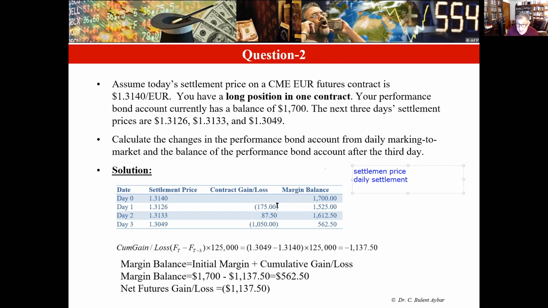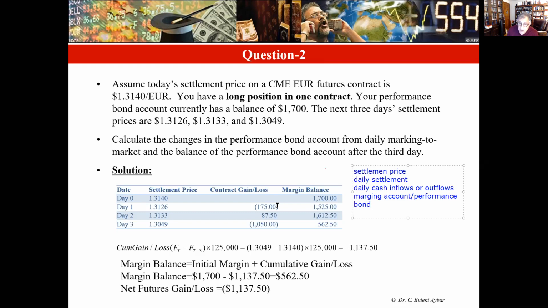And that affected our margin account, or performance bond. As we indicated earlier, each contract trader will have to post this collateral in order to be able to trade.